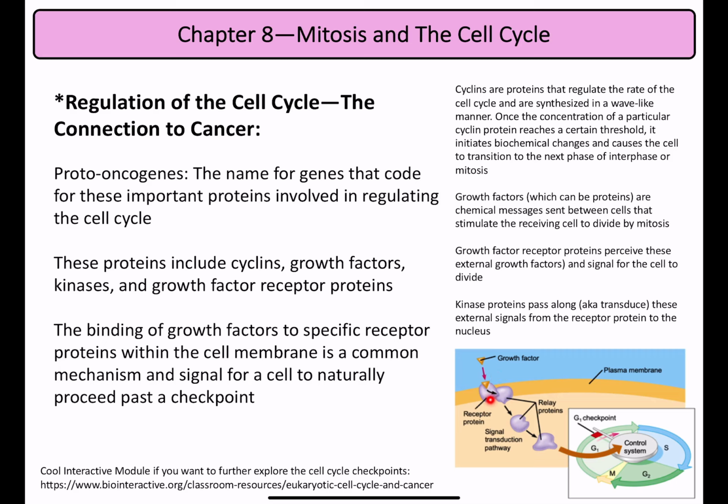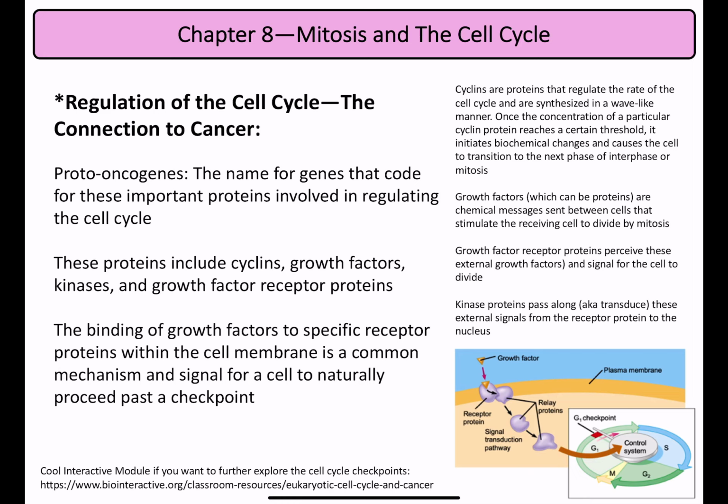That receptor is going to pass on this signal to divide all the way until that message gets to the nucleus. And then the nucleus is going to initiate changes that allow that cell to start preparing for mitosis, like, okay, let's wind up our chromosomes. Let's duplicate our DNA.